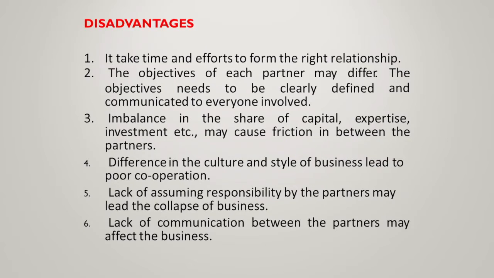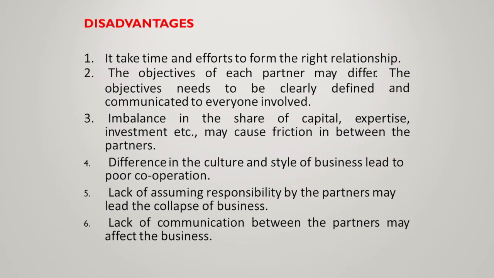People with different cultures and different styles of business, and the possibility of miscommunication and misunderstanding between them, lead to poor cooperation. Lack of assuming responsibility by partners may lead to collapse of the business. The success of a joint venture depends upon all the co-venturers.